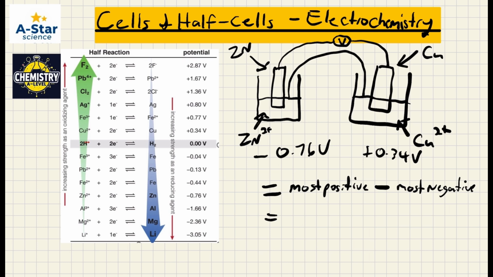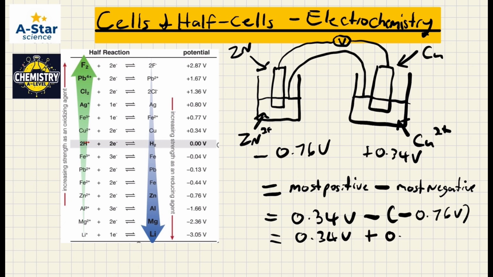So in our case, that would be 0.34 volts minus minus 0.76 volts, which is going to equal 0.34 volts plus 0.76 volts. And let me add that together very quickly. That's going to give me a 0, a 1, a 7, and a 3. So that's going to be 1.10 volts. So this full cell will create a voltage of 1.10 volts.